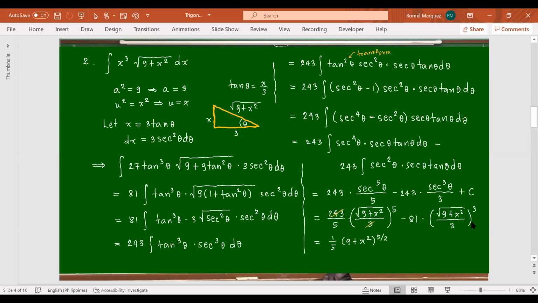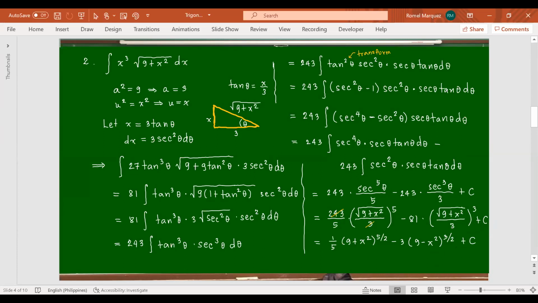So this is 3 cubed, which is 27. 81 divided by 27 is 3, so negative 3 multiplied by 9 plus x squared raised to 3 halves, plus c.